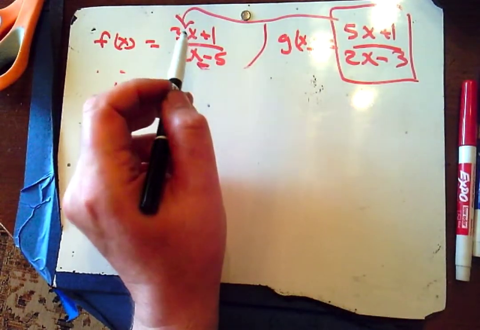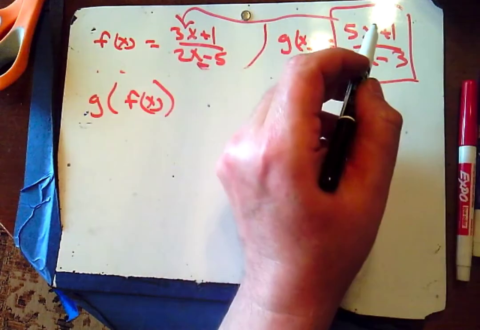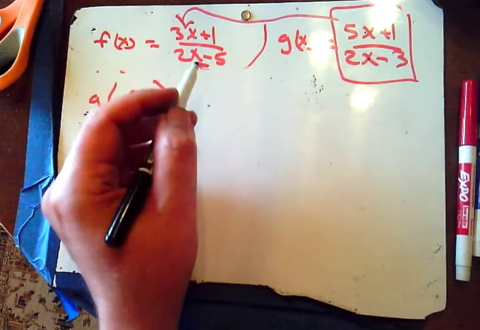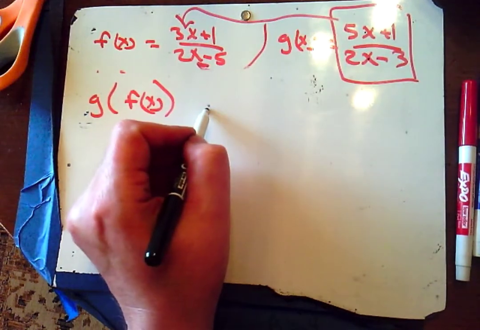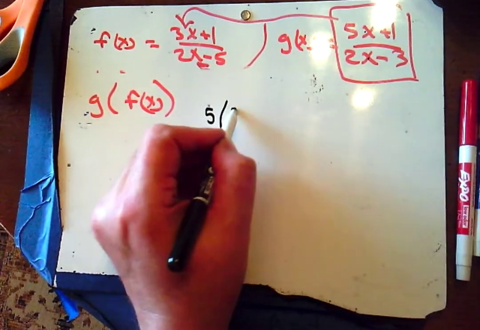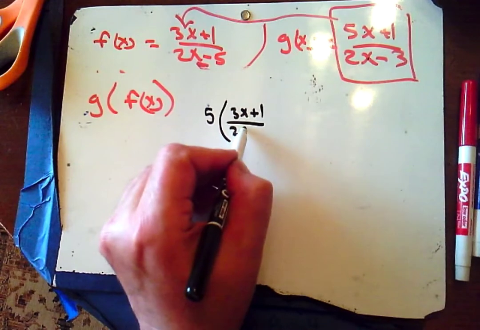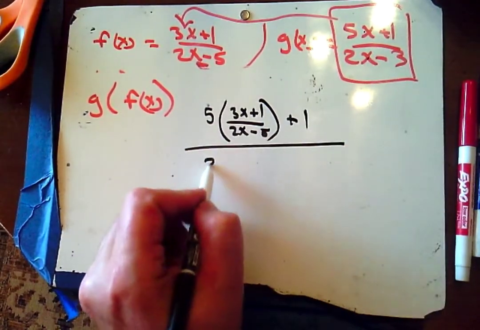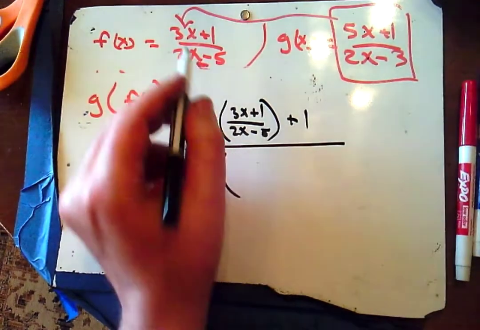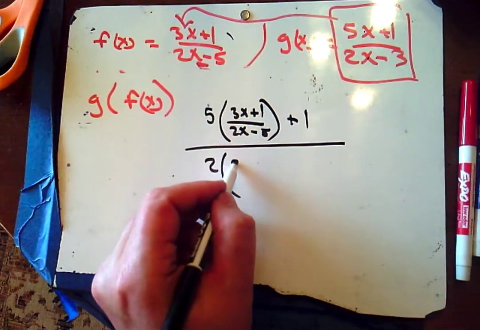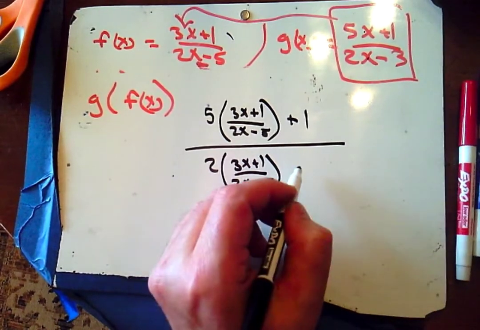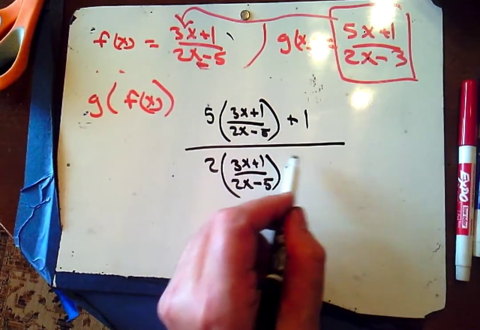So I'm going to take f of x and plug it into each of these x's of g of x. So I've got 5 times (3x plus 1 over 2x minus 5) plus 1, over 2x, and I replace x with all this, 3x plus 1 over 2x minus 5, and then minus 3.